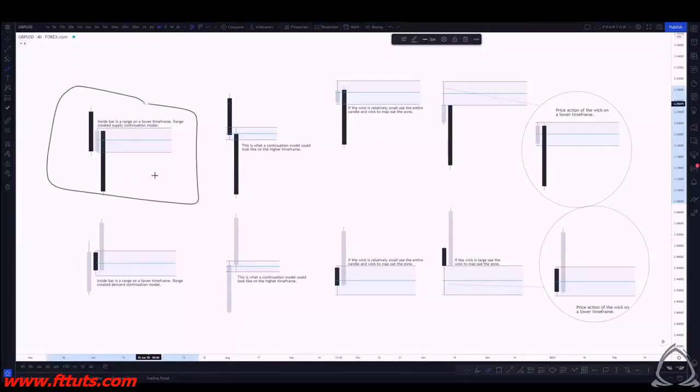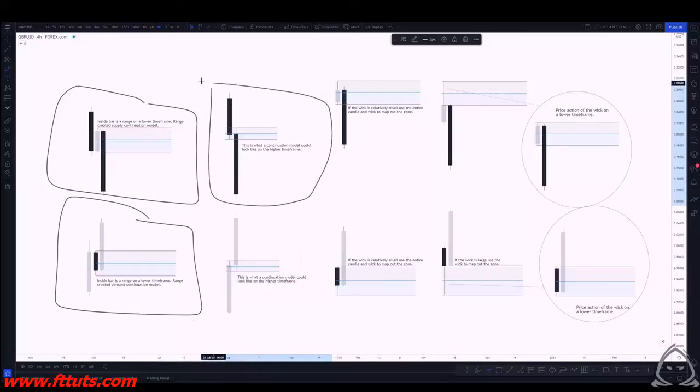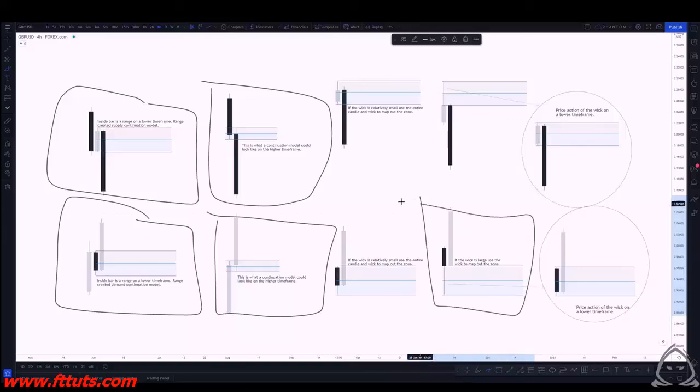Whereas if we stayed in a higher time frame and just saw this phenomenon happening conceptually and understood what was happening on that lower time frame, it would make our lives so much easier. It would make our trades that much easier, and we would be left with higher probability trade ideas that don't involve too much afterthought or second guessing if that trade should or should not be taken.